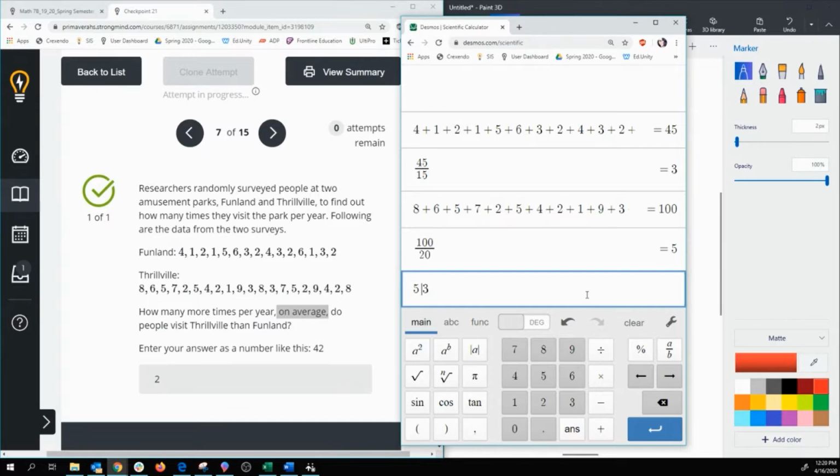Jordan, you are correct. How did you get your answer? So if people visit Thrillville 5 times per year and people visit Funland 3 times per year, how many more times on average do people visit Thrillville than Funland?